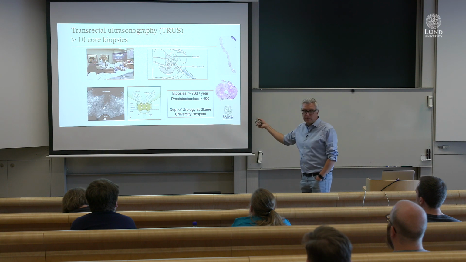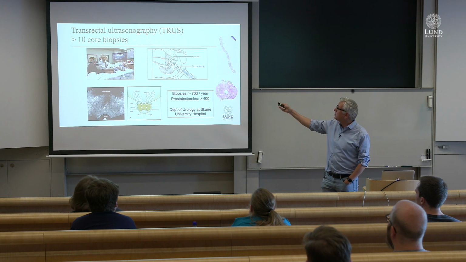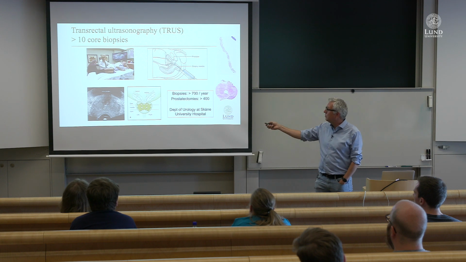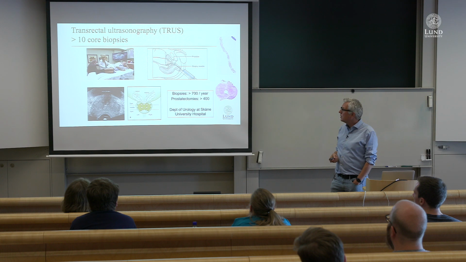You might still fixate it and stain it and take pictures of it. So we have biopsies and you have the whole prostate. The prostatectomy is the operation where you take that out. And there are quite a few done every year at the University Hospital here in Skåne.